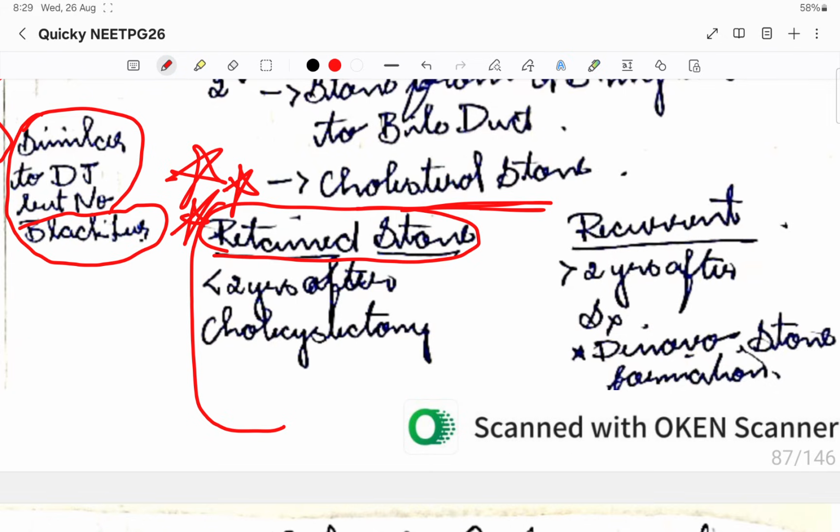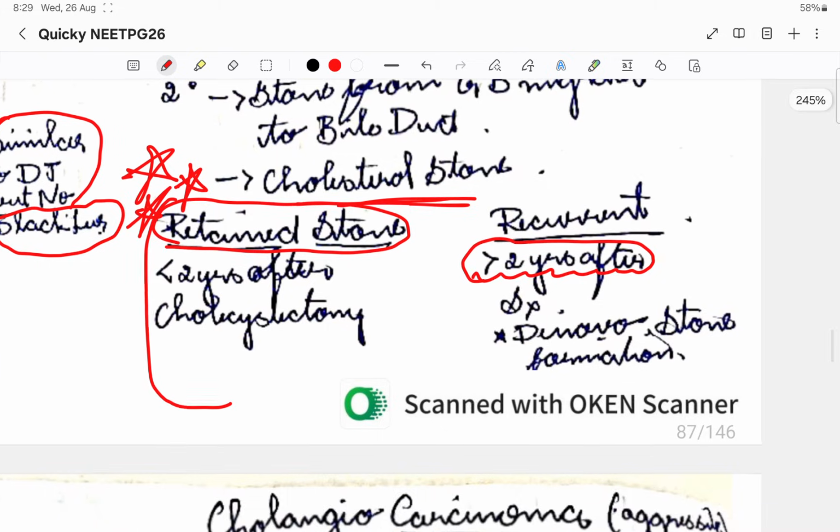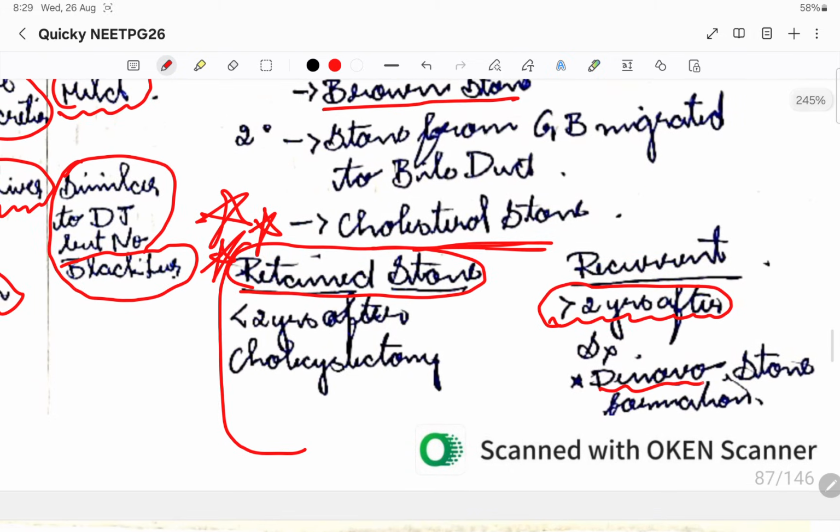Whereas recurrent stone is if it is after 2 years, that means the stone has formed again. Okay, so it is not a retained stone, we haven't missed anything, it is coming again, so that is recurrent stone. Okay, so this is de novo stone formation.